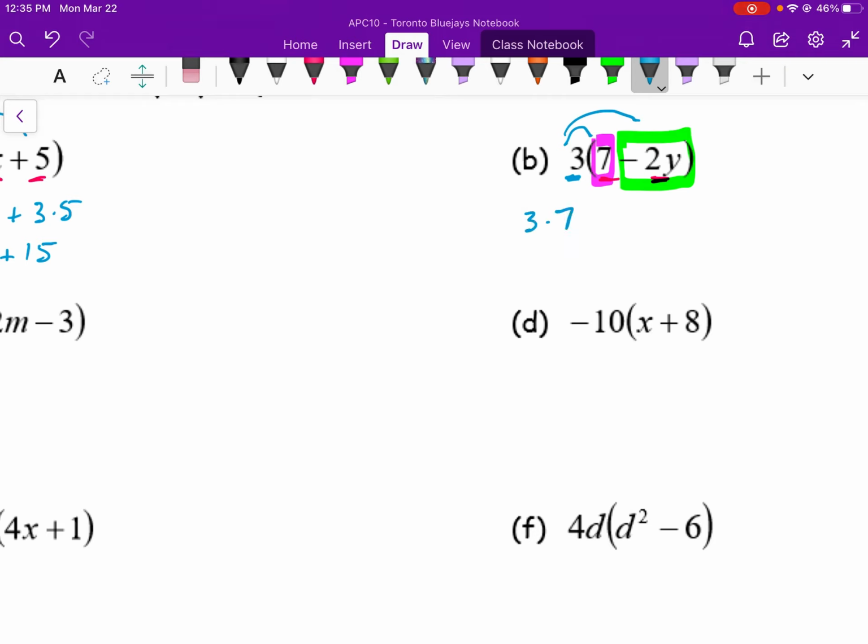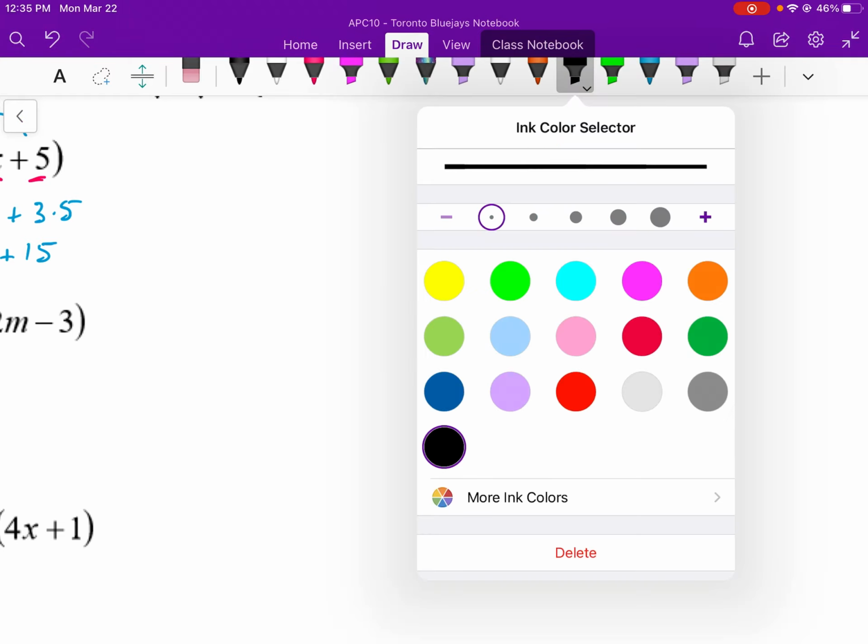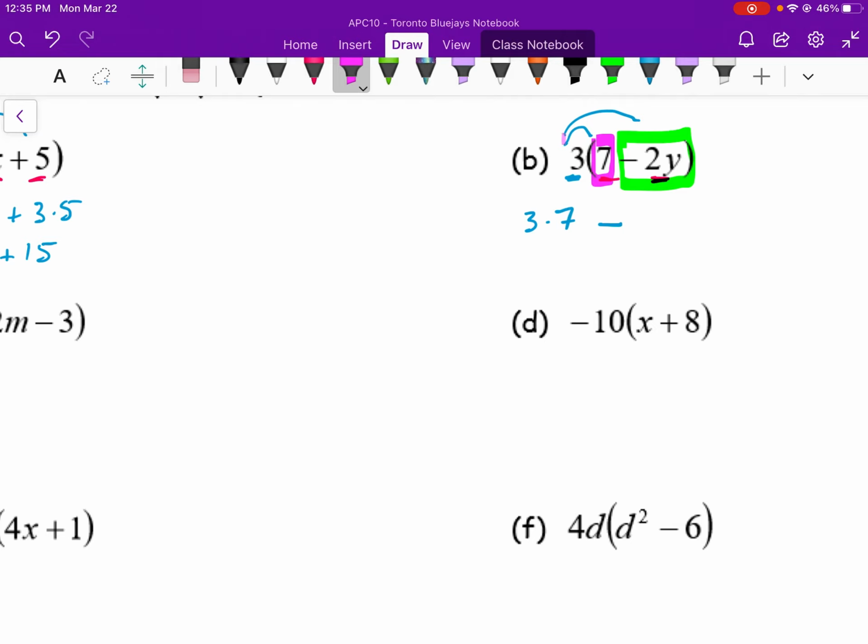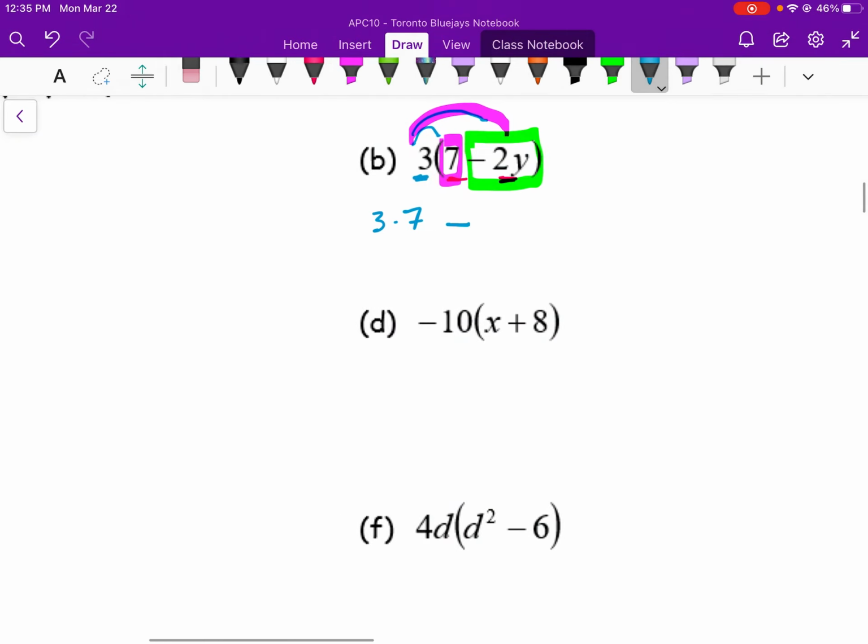So I would write 3 times 7. And now when I do this multiplication, 3 times negative 2y would be negative 6y. So in other words, it's 21 minus 6y.